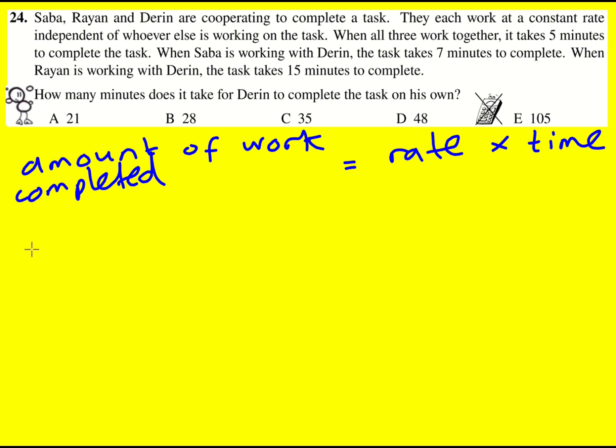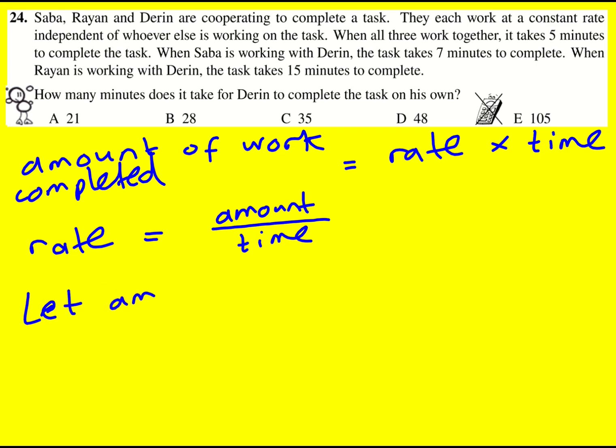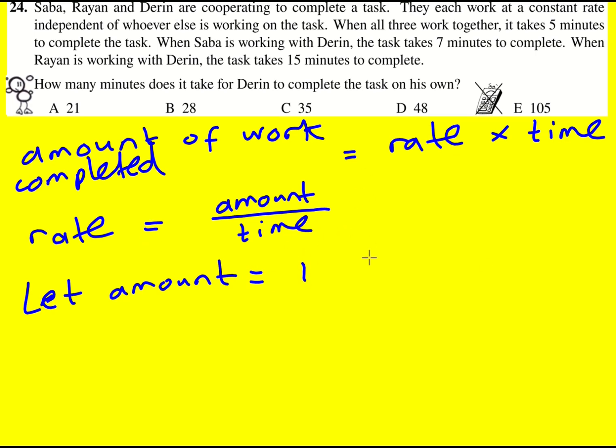And that means the rate that they work is going to be the amount of work completed divided by the time that it takes them. So I let the amount of work done equal 1. It's just the full amount as such, it could be anything really. And then the rate is going to be 1 over the time taken.